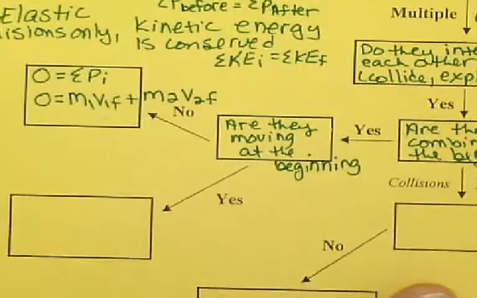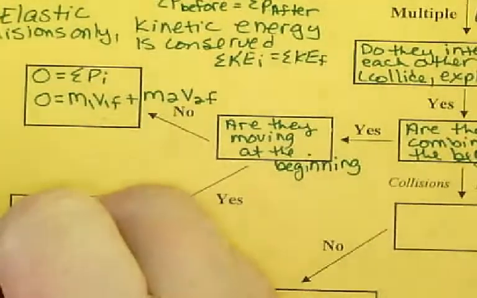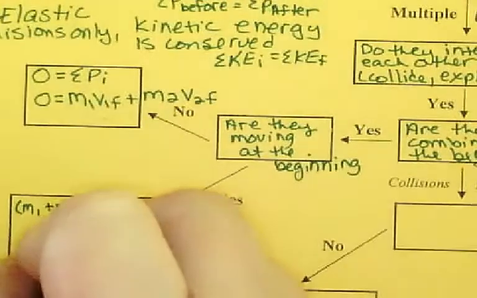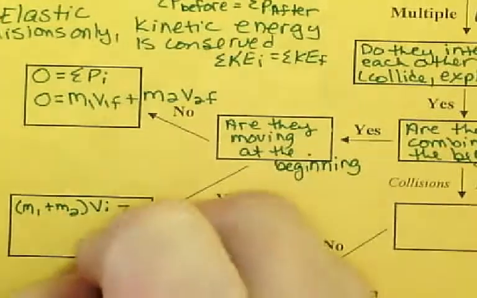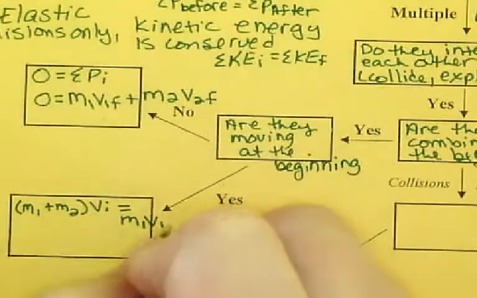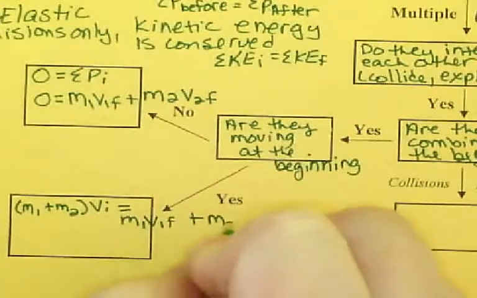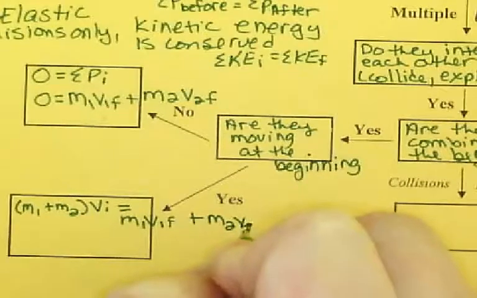If they are moving, it looks like a reverse perfectly inelastic. You add their two masses together, multiply by the initial velocity, and then that has to equal their individual momentums afterwards.